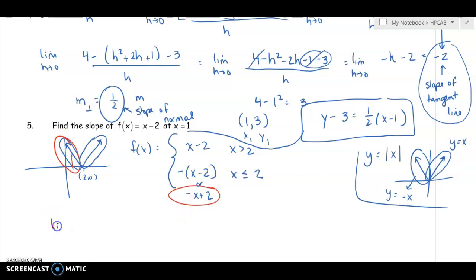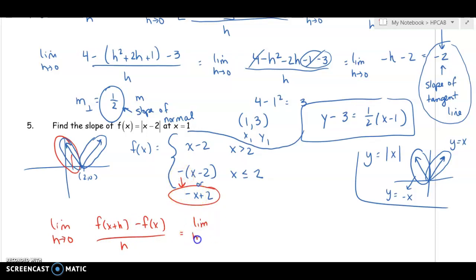To find the slope, we're going to do our lovely little difference quotient: the limit as h approaches 0 of f of x plus h minus f of x, all over h. And we're talking about just this branch.